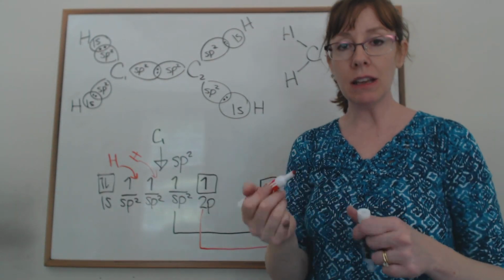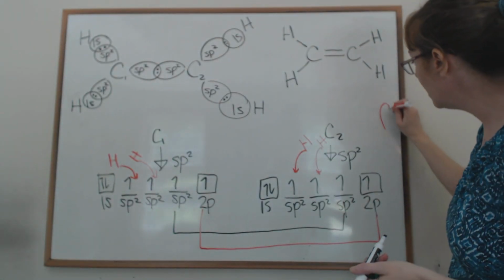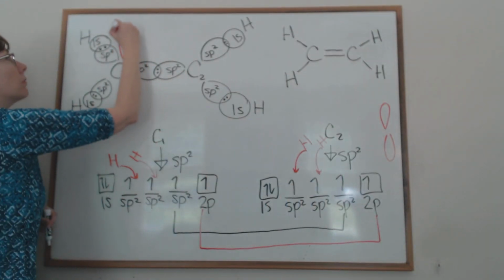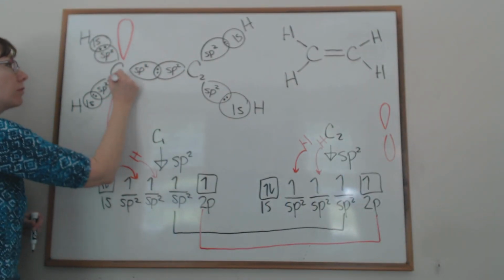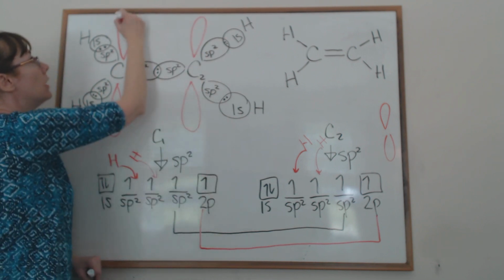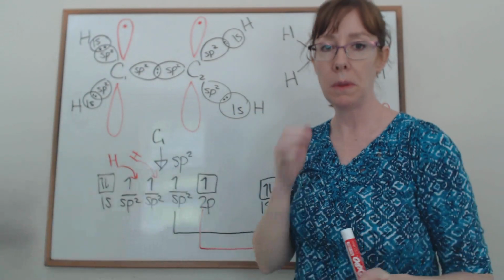Okay, now here's the deal. A 2p orbital looks like a 2p orbital. 2p orbitals look like this. So let's draw them in. And they both have a single electron in them. All right.